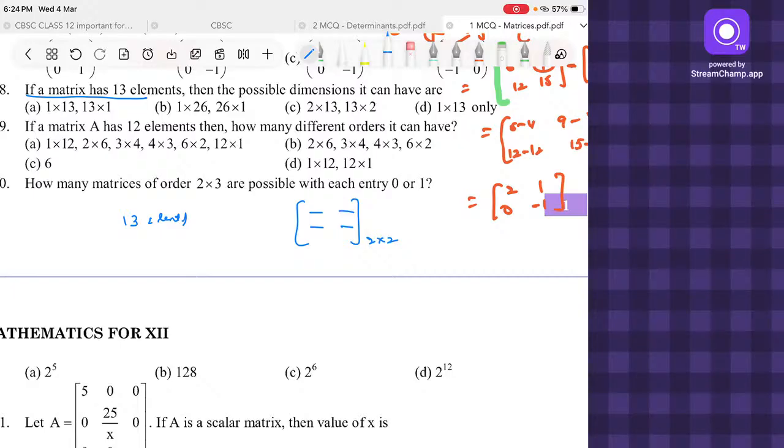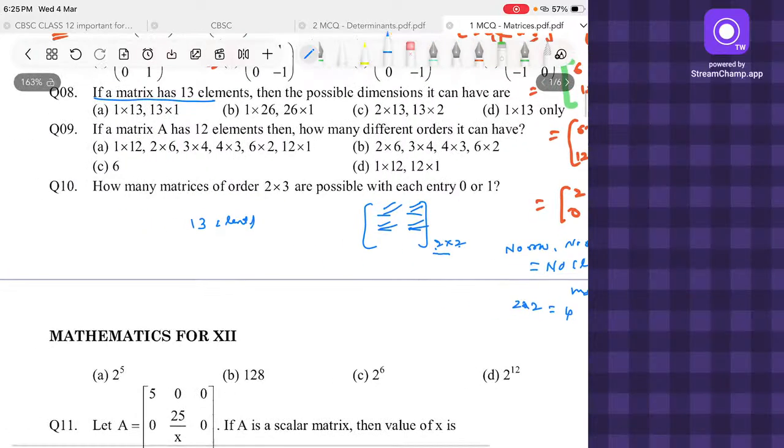So if you multiply number of rows into number of columns, that is equal to the number of elements in the matrix. Here, 2 into 2 gives 4. That means 4 elements are present in a 2 by 2 matrix.